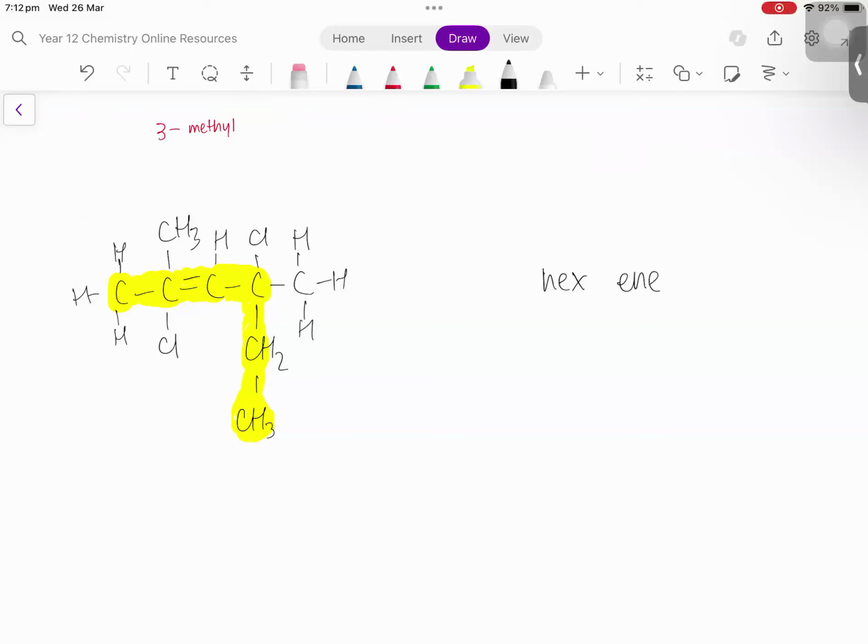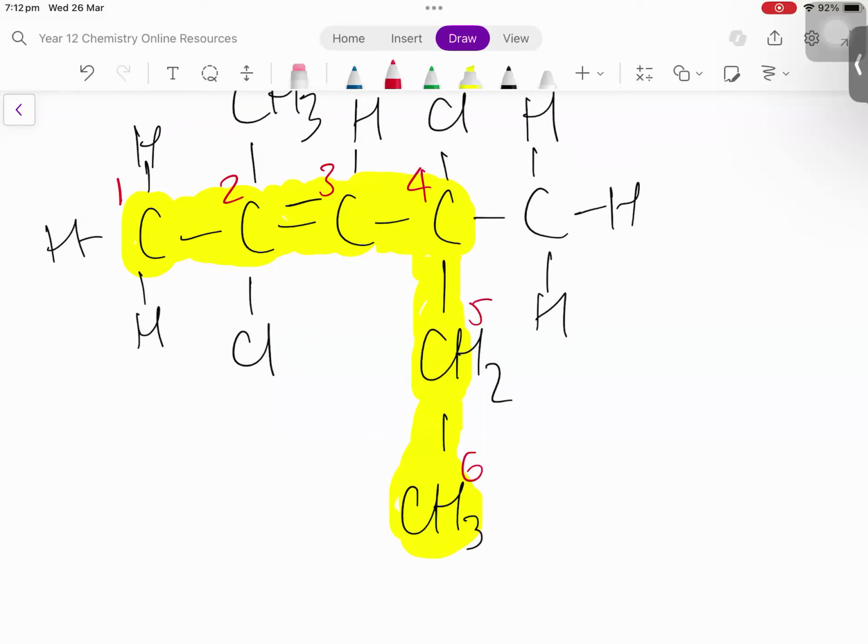Okay, so this is in the red way, and this is in the green way. Which way gives me the smallest numbers for my carbons in the double bond? The red way. Good. So I'm going to go the red way. My branches and my halogens will just get whatever number it gets given now. I have to worry about my functional group.